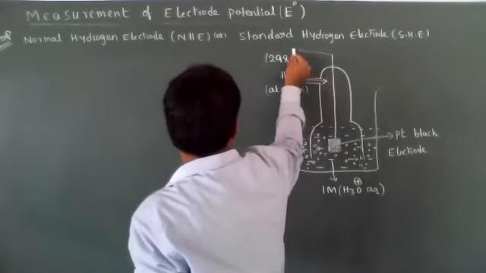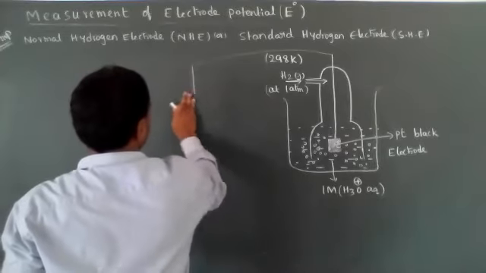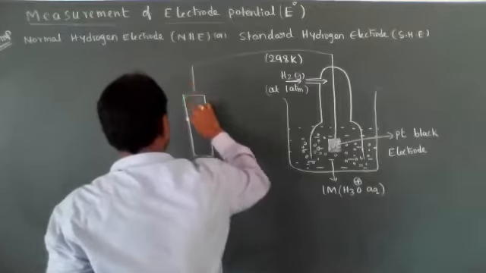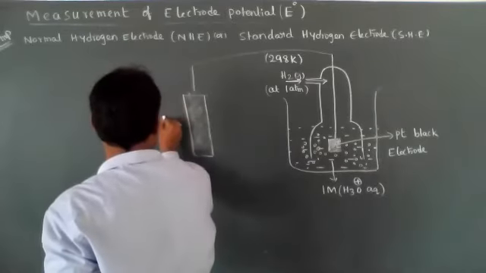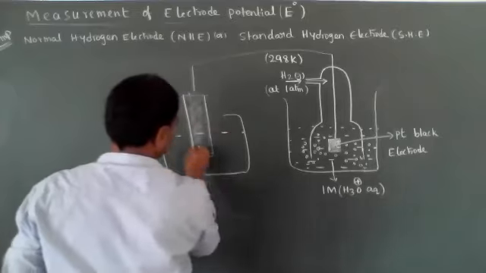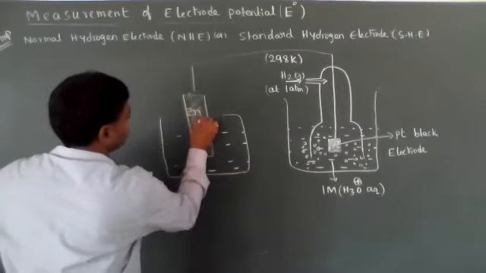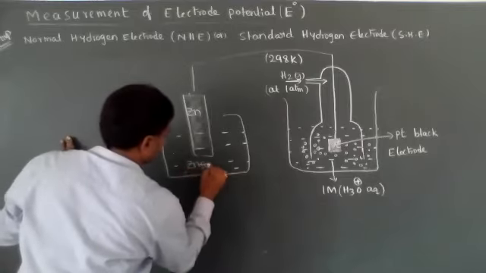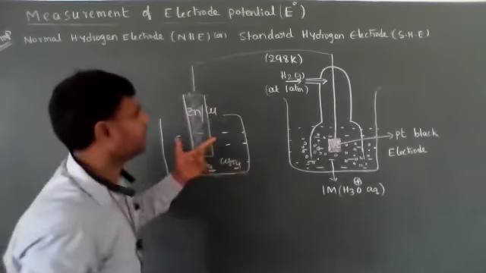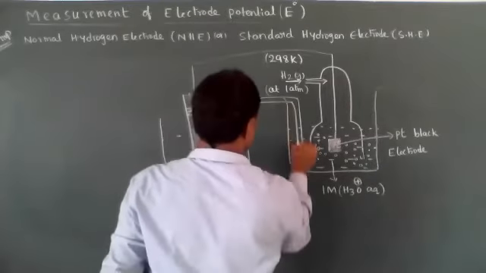This hydrogen electrode is connected with another electrode, either metal or non-metal. If you take a metal electrode, maybe zinc in zinc sulfate, or maybe copper in copper sulfate, then it is connected by the salt bridge.